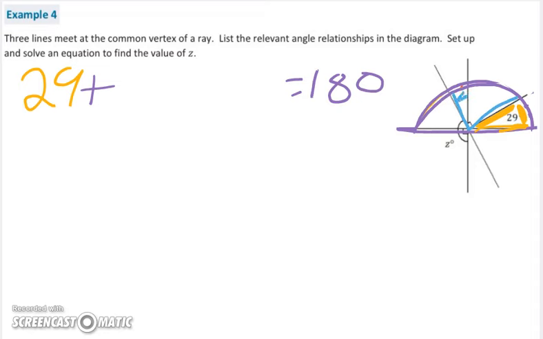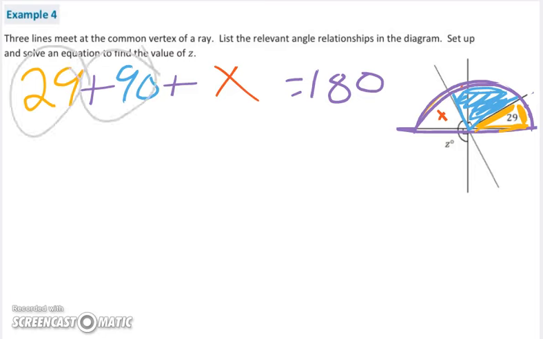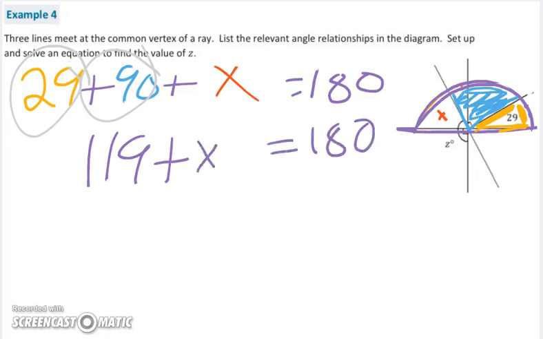There's a right angle, so that right angle means this chunk here is 90. The only one we don't know is this guy, so we'll call him X since we don't know what it is. Well, this is old stuff. Put some shapes around, 29 plus 90 gives us 119, plus X equals 180.